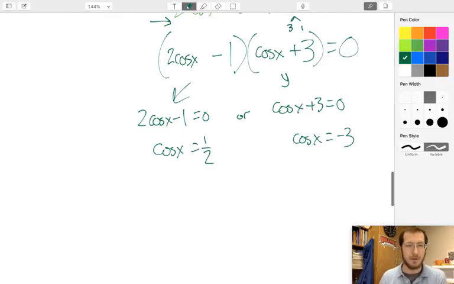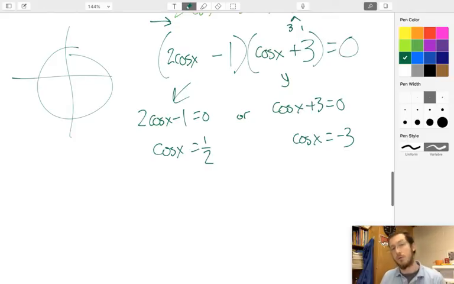Okay, so if we start with this one, where on our unit circle does cosine equal 1/2? Cosine, that's our x. 1/2, that's going to be our 60 degrees here, which is pi over 3. So that's 1/2, root 3 over 2.